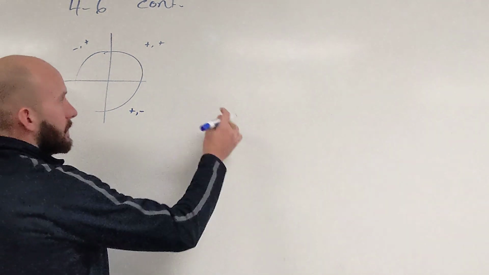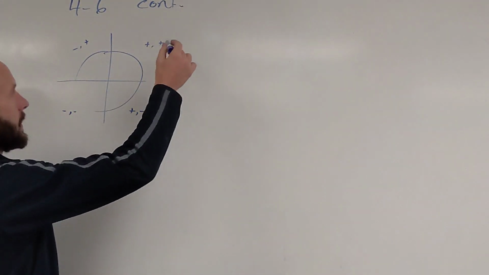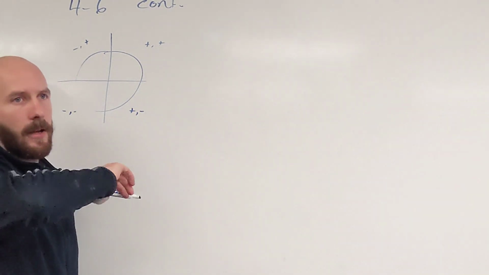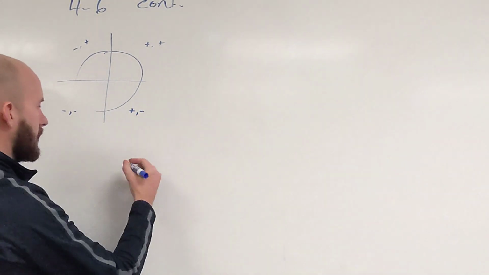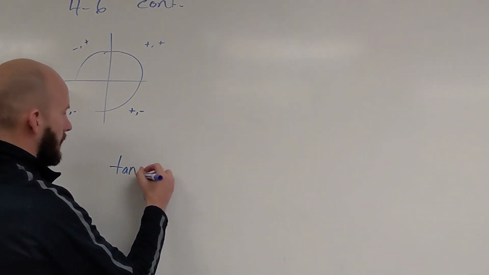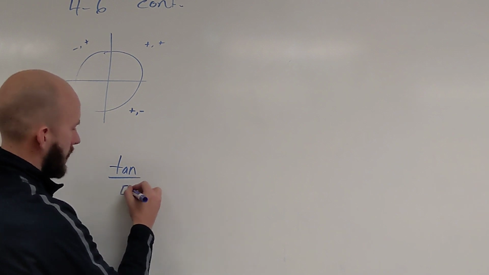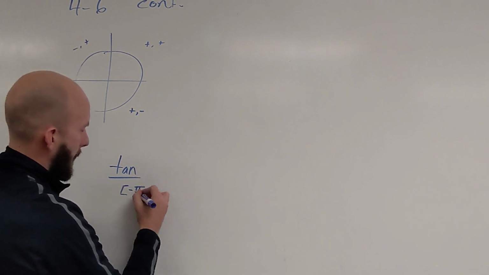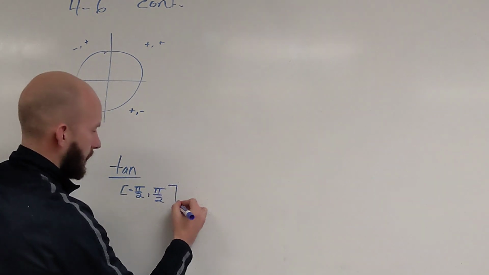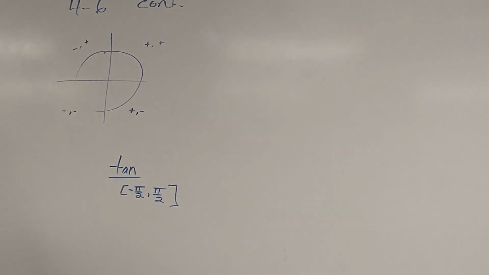Since tangent is y divided by x, it gets restricted just like sine, from negative pi over 2 to positive pi over 2. So I'm going to write that down next. For tangent, we restrict the domain from negative pi over 2 to positive pi over 2. That's where tangent is one to one.